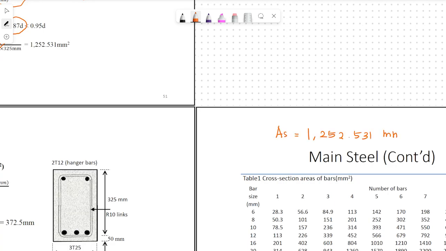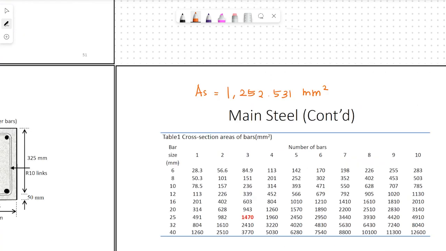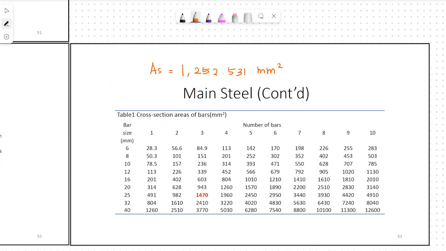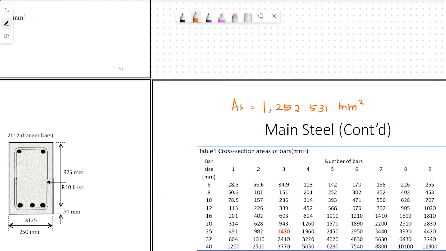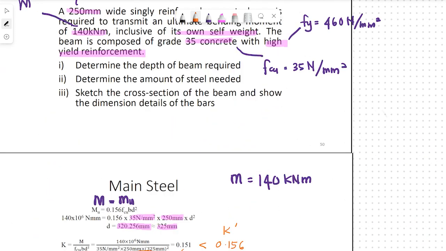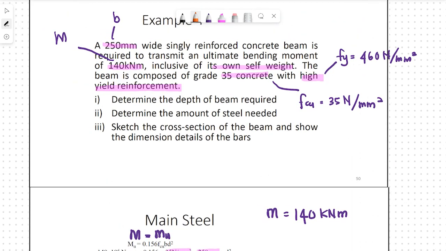For the next step, we're going to find how many bars we're going to need for this design. So we have to refer to the table of the cross section of steel with the value of AS. We can choose from the bottom here. And if you feel you want it easier, whether you're afraid that spacing is not enough if you put many bars, you can look from the question at the value of B, the breadth.